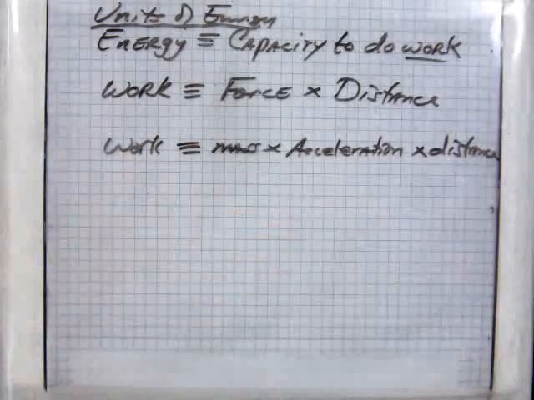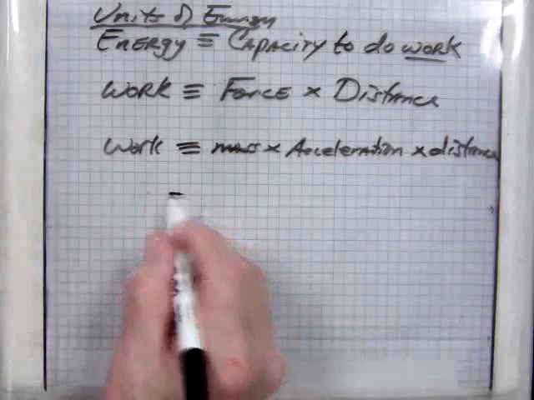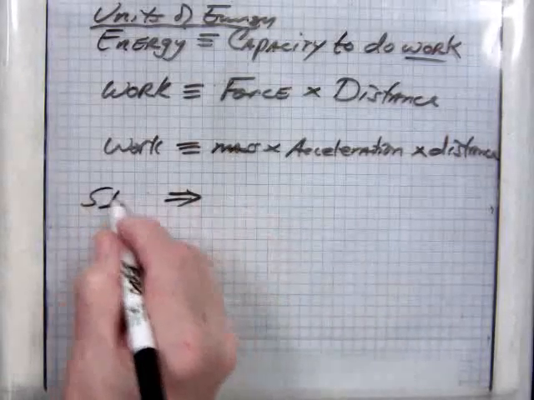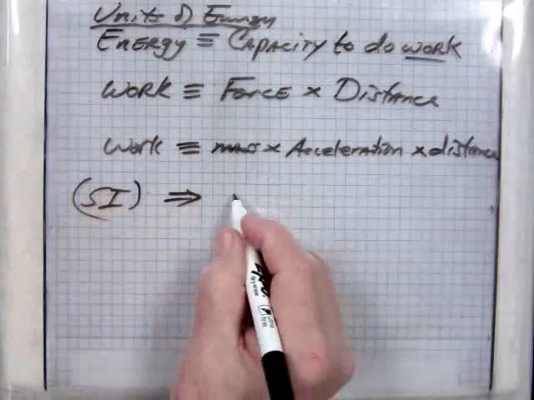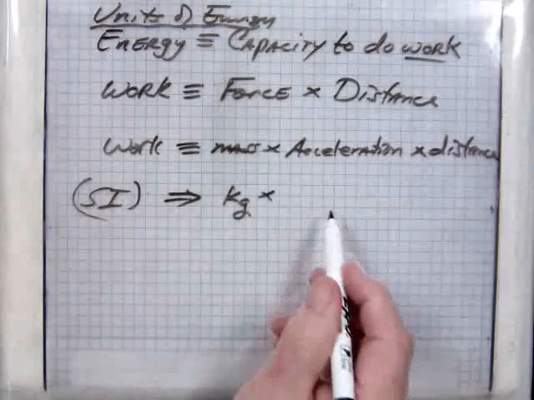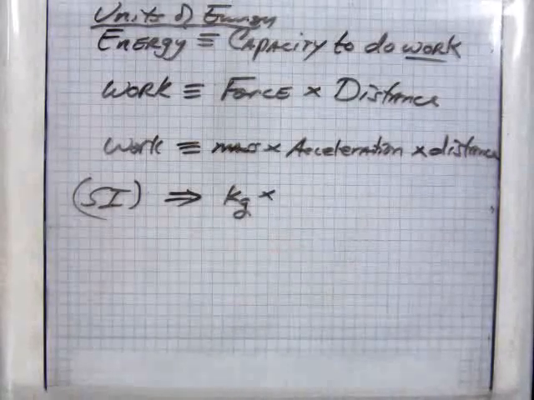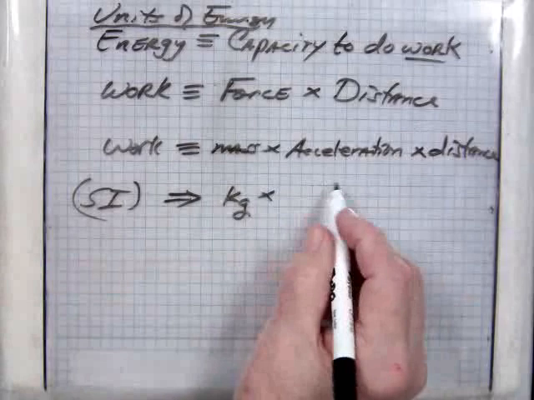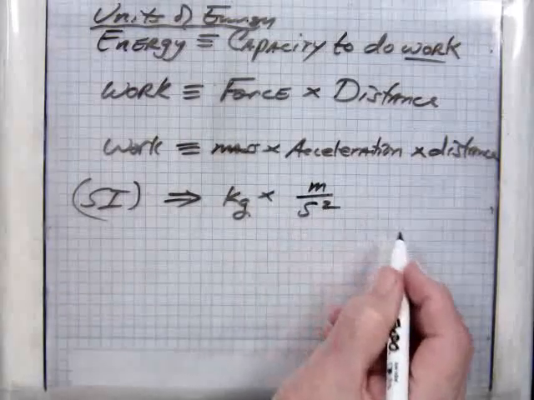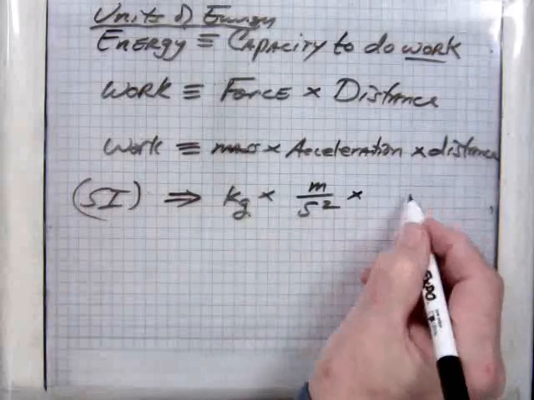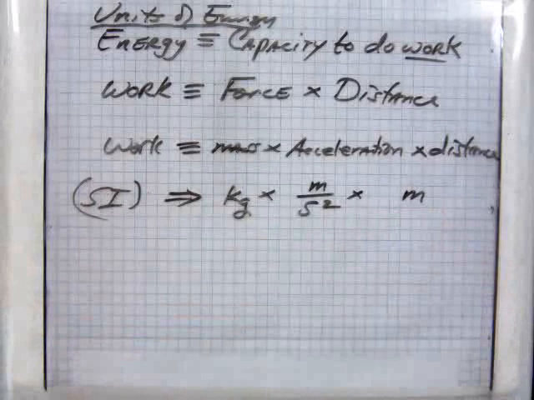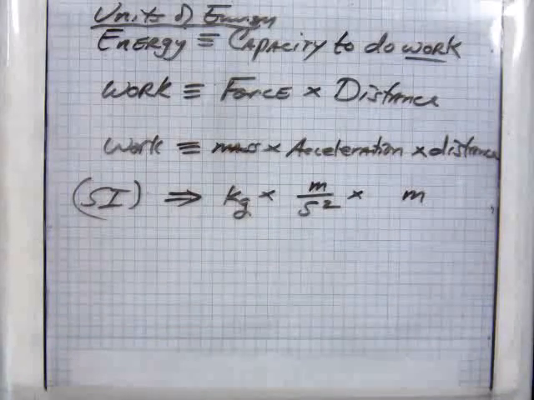Well, when we apply the units for this, mass in the SI system will give us kilograms, times acceleration, which is a change in velocity with respect to time, which ultimately works out to meters per second squared, and then distance is in meters. So those are the units of each one of the terms in the definition of work.